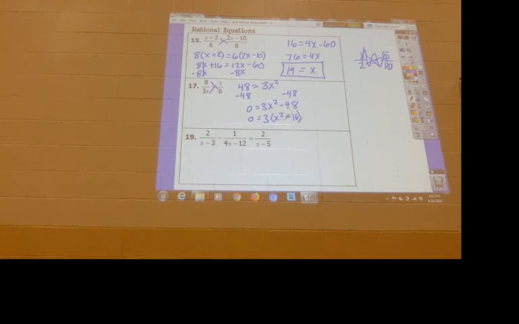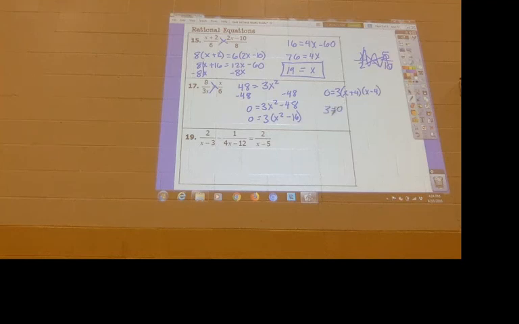Now I can factor this. So I have 0 equals 3 times, I need numbers that multiply to negative 16 but cancel out, so positive and negative 4. I have x plus 4, x minus 4. All of this gets set equal to 0. 3 equals 0?